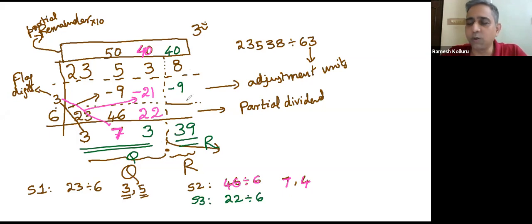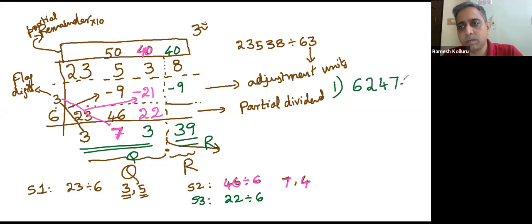So those who want to note it down, I'm giving a few minutes' time, they can note it down, right? The remaining people, those who are already well versed with this, they can try this problem: 6247 divided by 92.